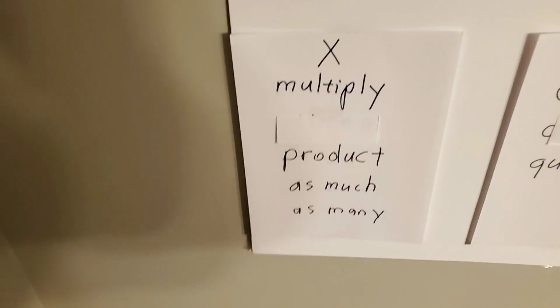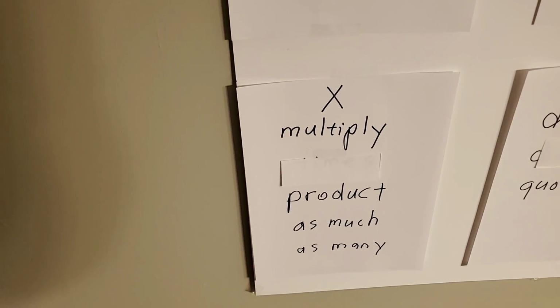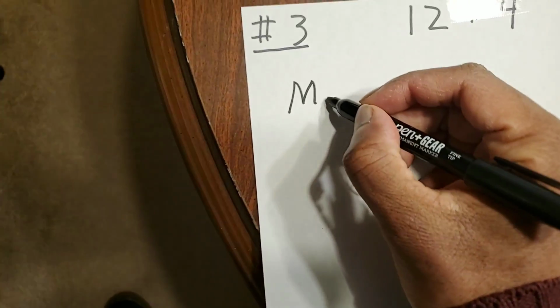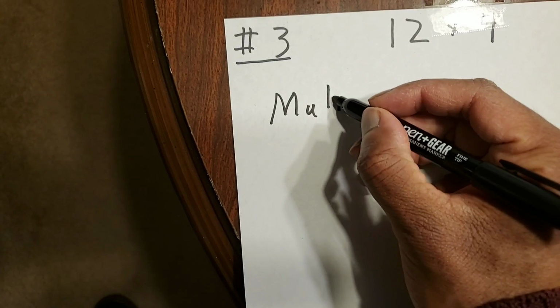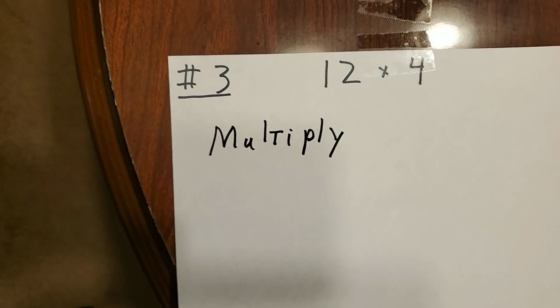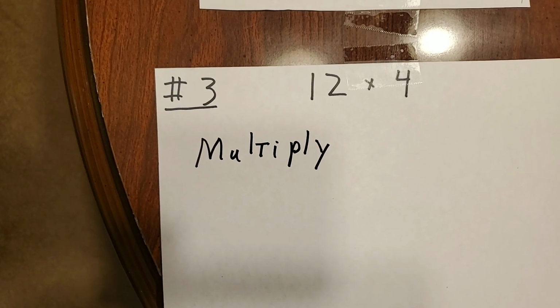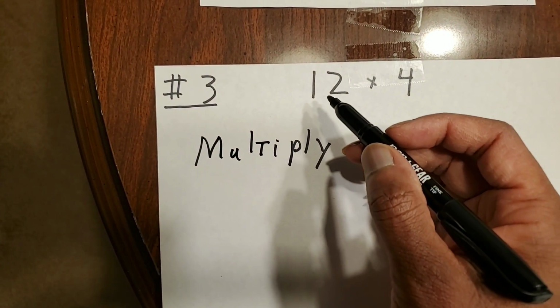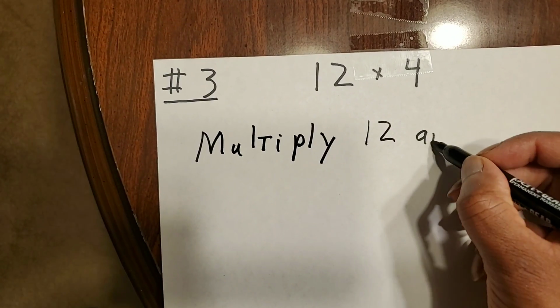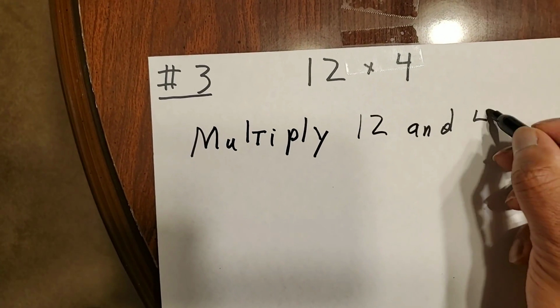Let's go to the multiplication. I think I'm going to use the word multiply. I'm going to multiply what? I'm going to multiply what two numbers? 12 and 4. So multiply 12 and 4.